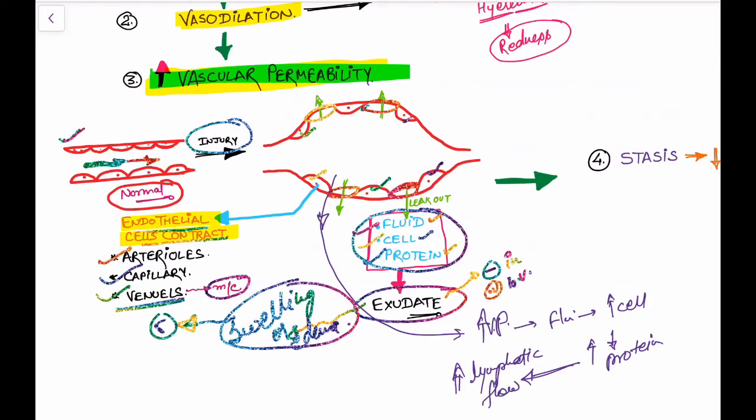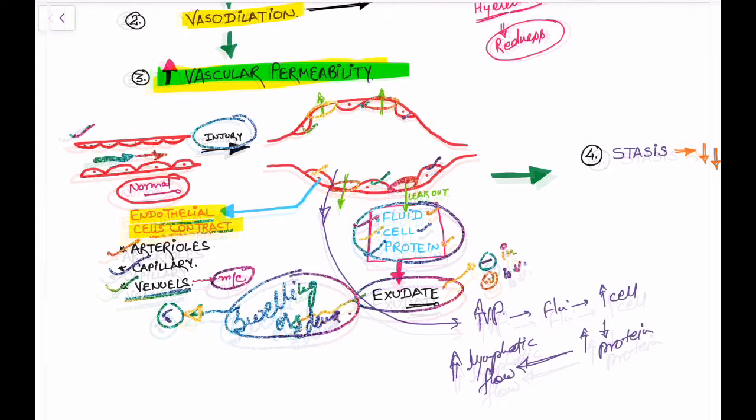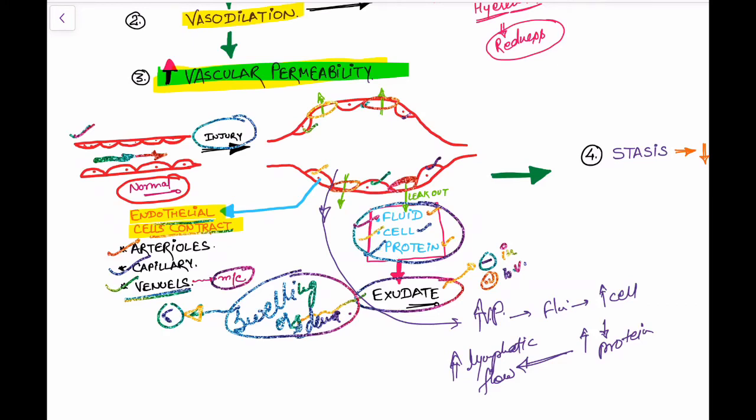So friends, if this is a blood vessel and exudates are flowing outside into an inflammatory area, all these exudates are going inside the lymphatics.